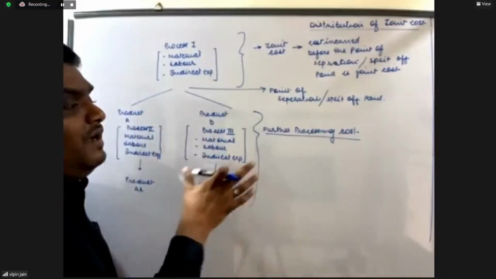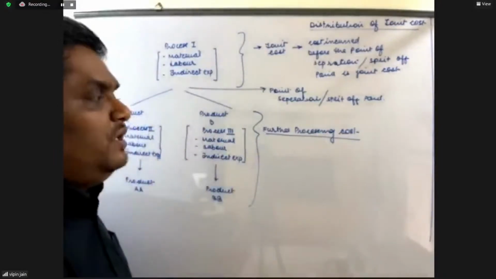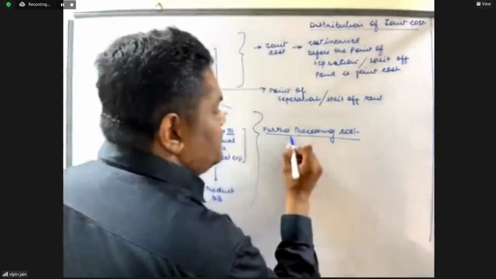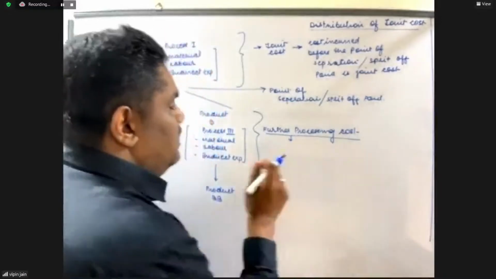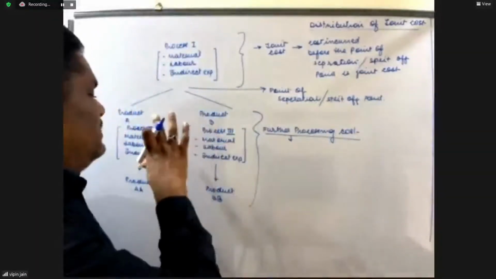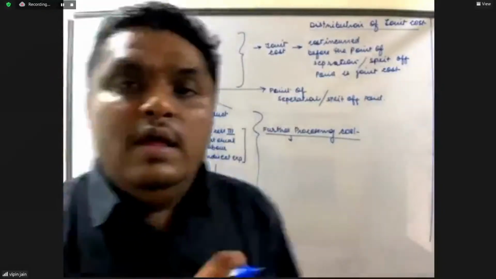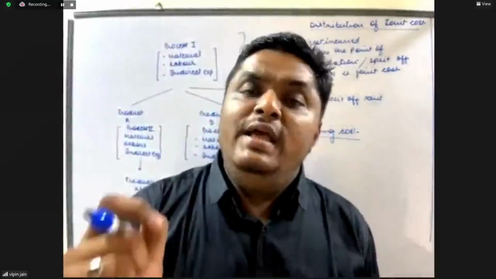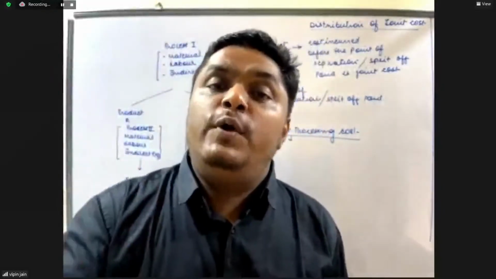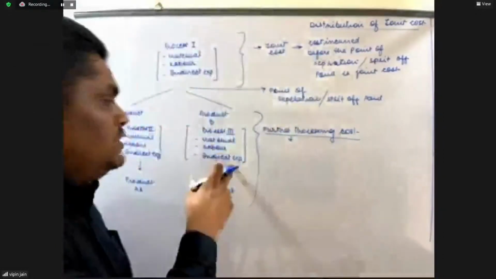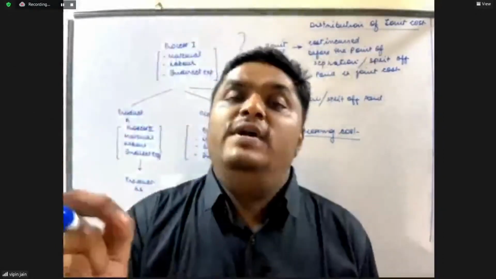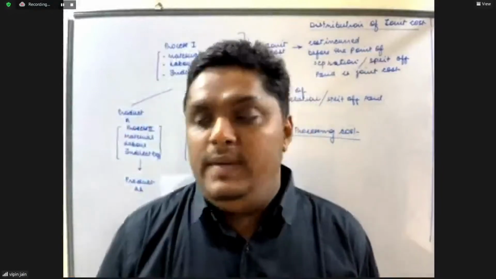The cost incurred after the point of separation is what we call further processing cost. Here in this example, the cost of process second is the further processing cost of product AA, and the cost of process third is the further processing cost of product BB.